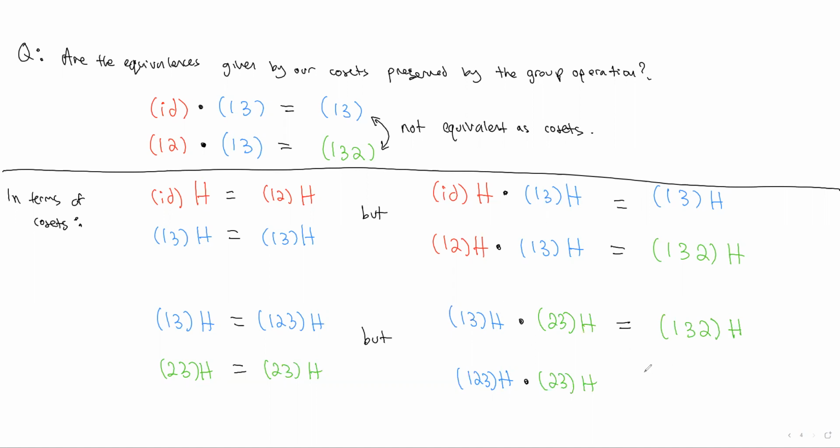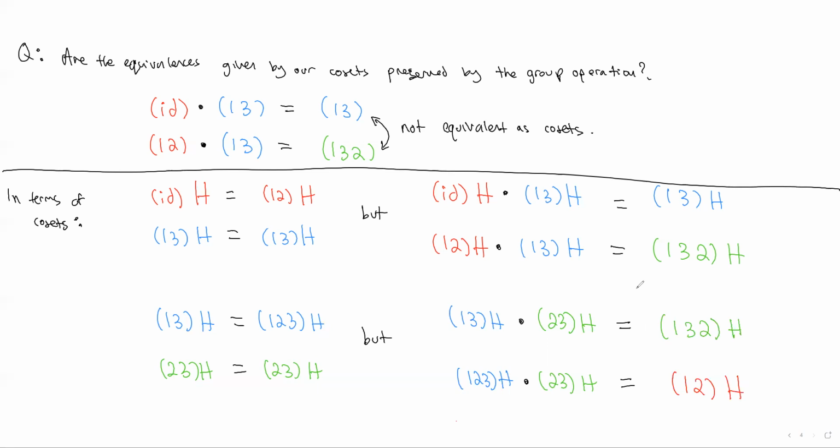Yeah. Okay. And then what is (1 2 3) times (2 3)? 2 will go to 1, 1 will go to 2. So it's just (1 2). So again, we get different cosets, so the product doesn't make sense.